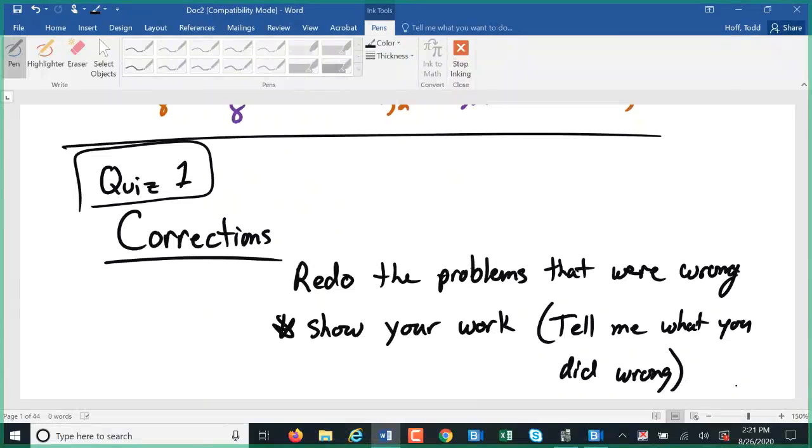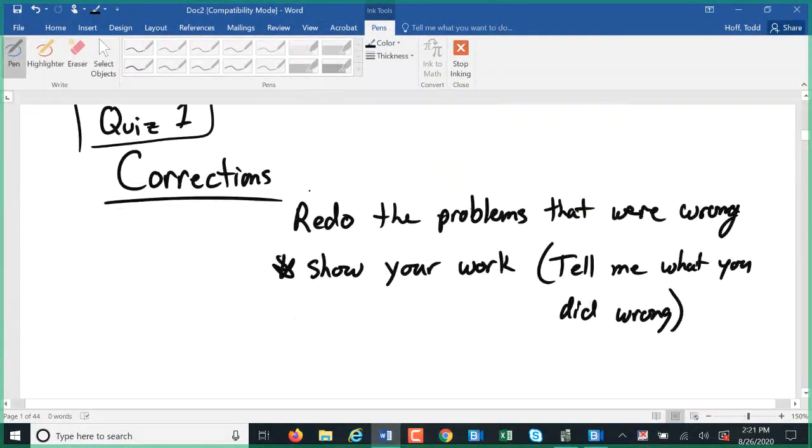All right. Those I usually give you about a week after the quiz to turn in so that you have time to think about them. I do want you to think about them on your own and work on them. Otherwise, if you can't figure it out, let me know and I will take class time to go over a quiz problem with you. But I want you to have at least a day to think about them on your own first, see if you can figure those out. And remember, you get back half your points.